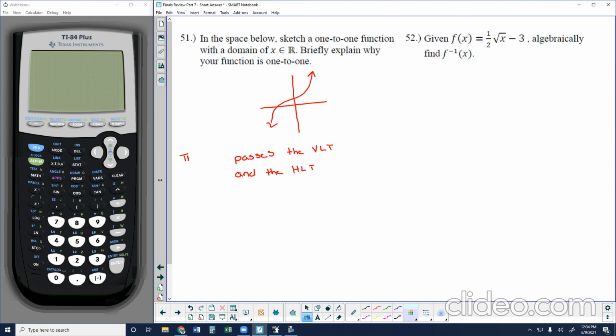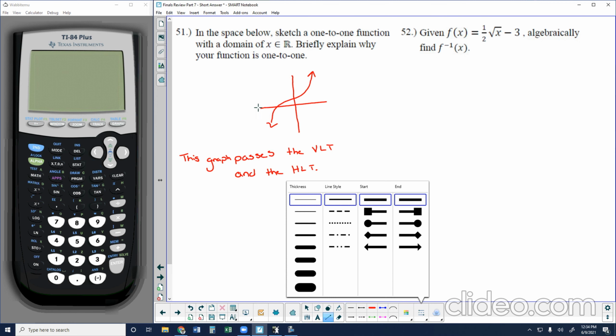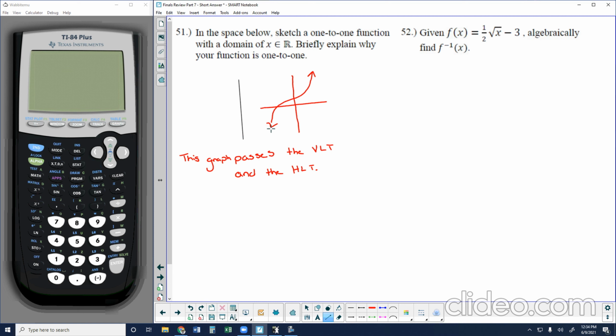So let's make it a sentence. This graph passes the vertical and horizontal line tests. So the vertical line test would tell us it's a function because we are checking to make sure each x value maps to only one y value. So if I take a vertical line here, let me get one up on the screen, and I drag it through the function, it intersects the function in one location only, meaning each x has one y.